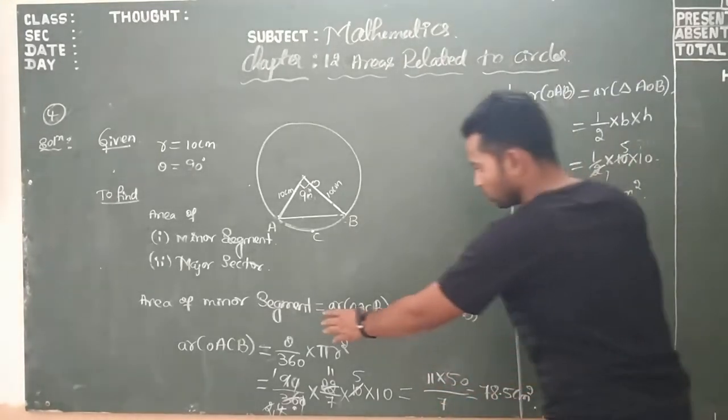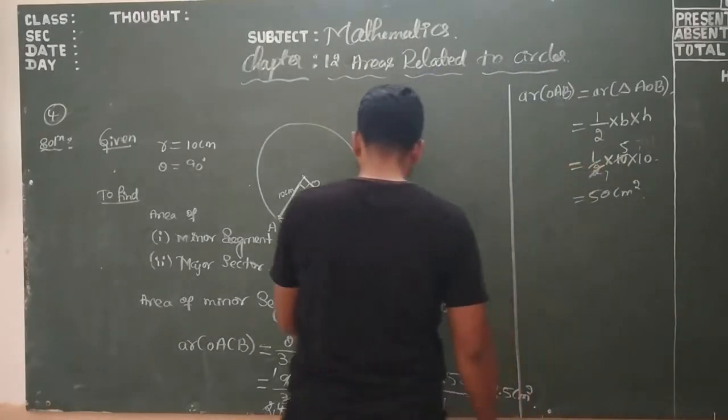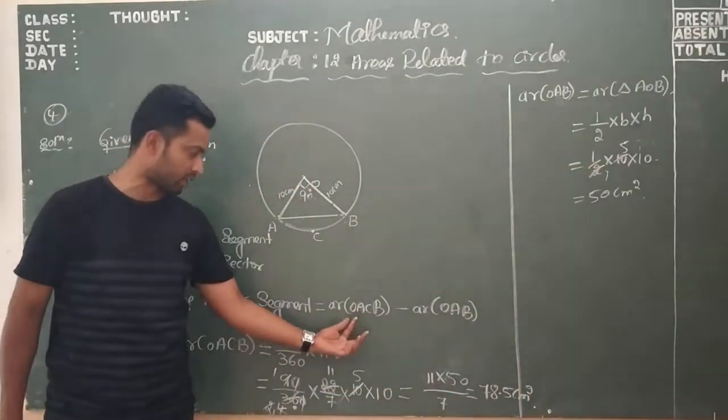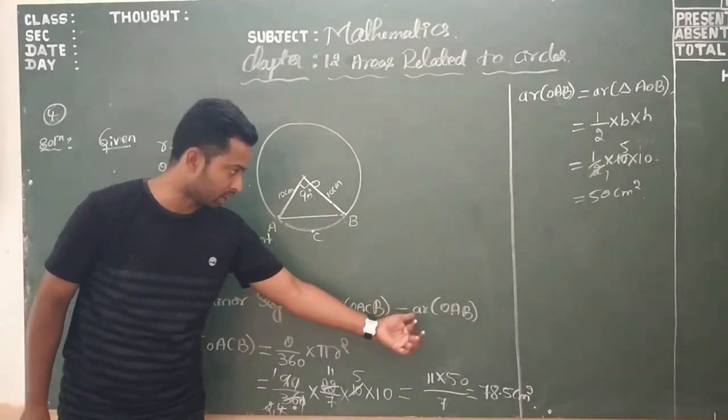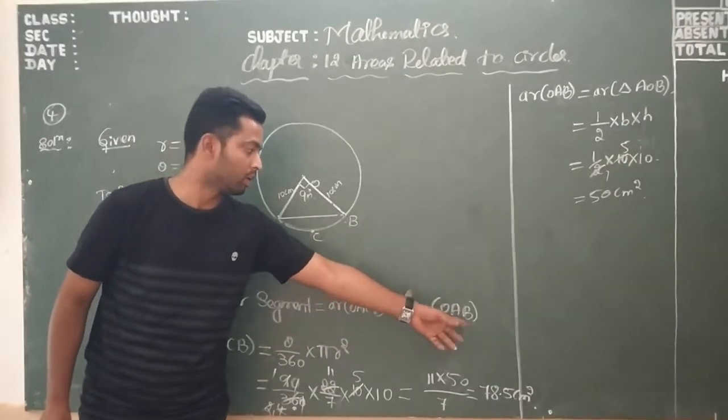So now you substitute the value of the area of sector OACB and the area of triangle OAB.